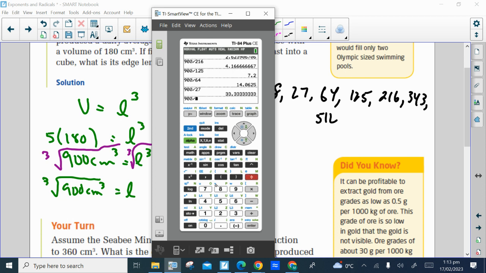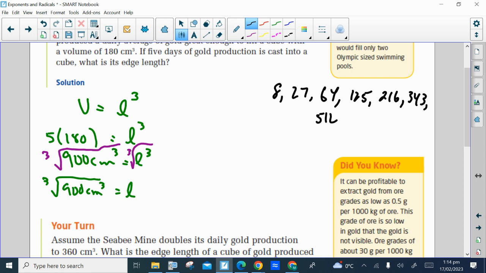And 900 divided by 8. I could use that one as well if I wanted to, because at least I get a number that only has one decimal. But it's always a good idea to use the largest perfect cube. And in this case, I'm going to use the cube root of 125, which is 7.2. So L will equal the cube root of 125 times the cube root of 7.2.